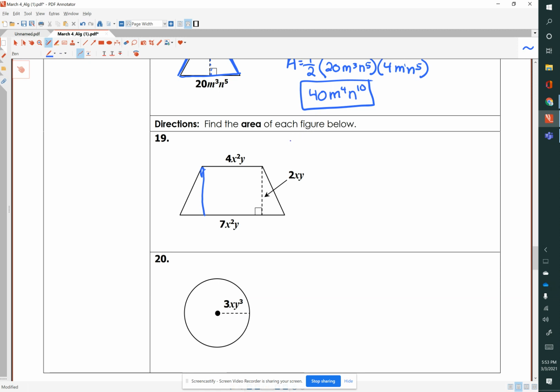So let's lay that out. Clean up my drawing a little bit. So 1/2, and I'm going to add the top and the bottom.